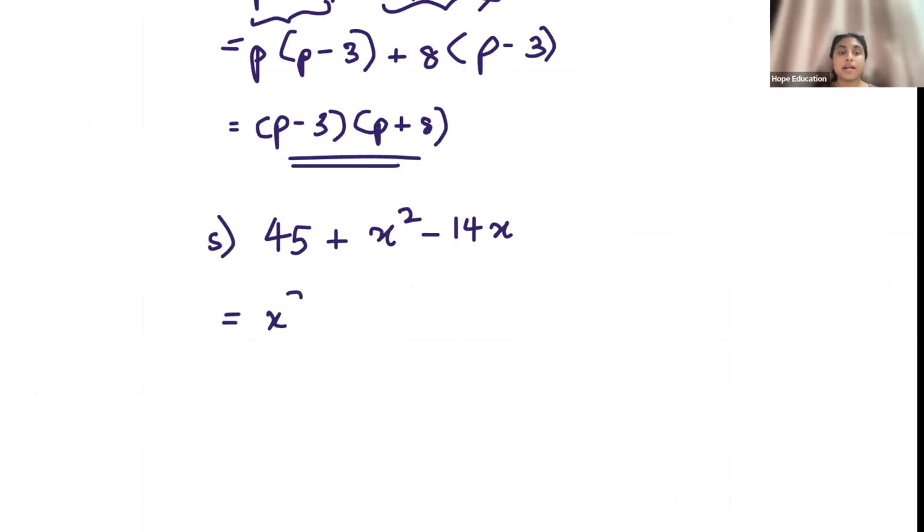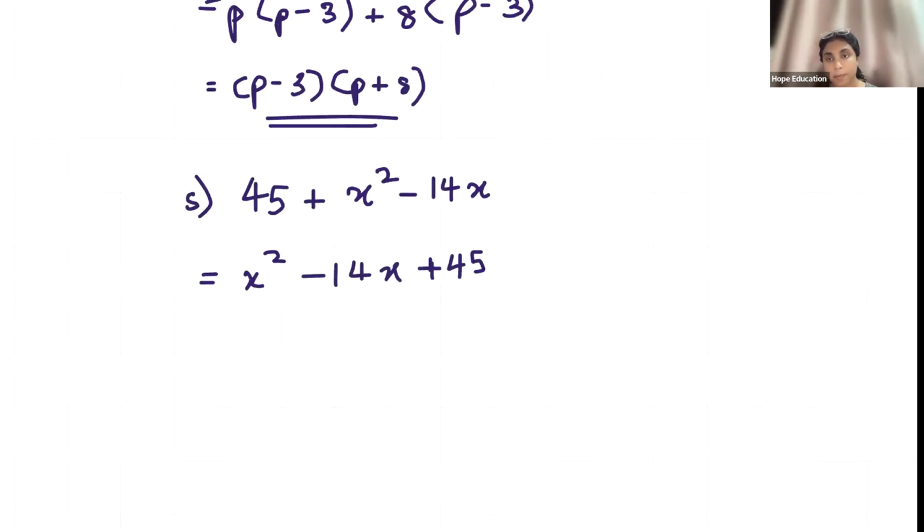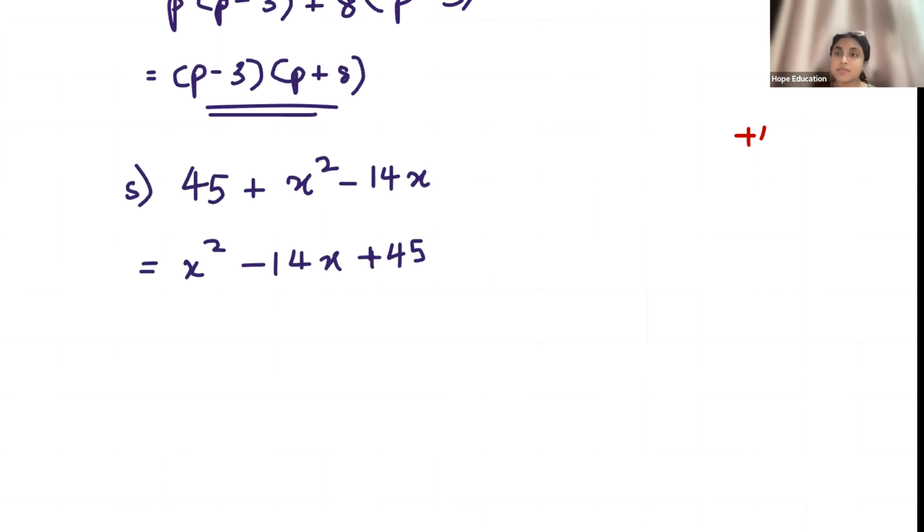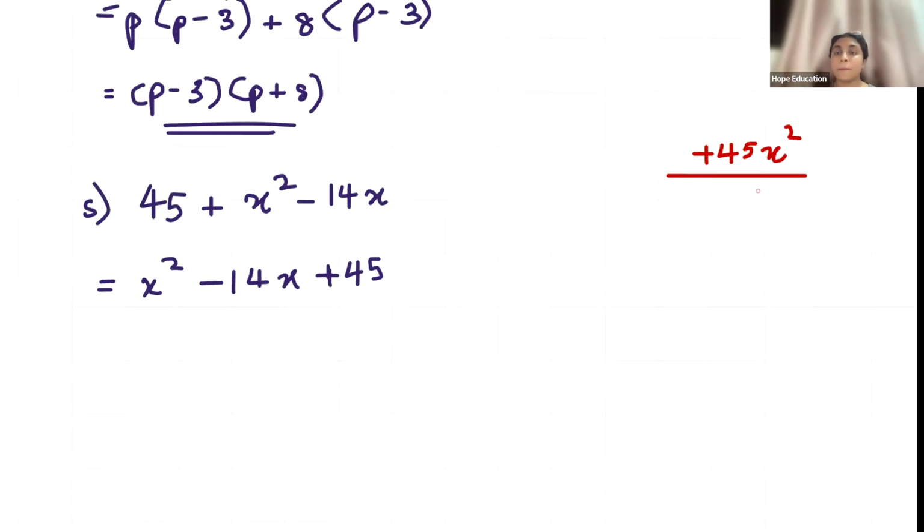So as usual, we multiply the first term and the last term, x squared multiplied by plus 45. We get plus 45x squared. So we are going to see different ways how this is formed. 1 times 45, 3 times 15, 5 times 9.